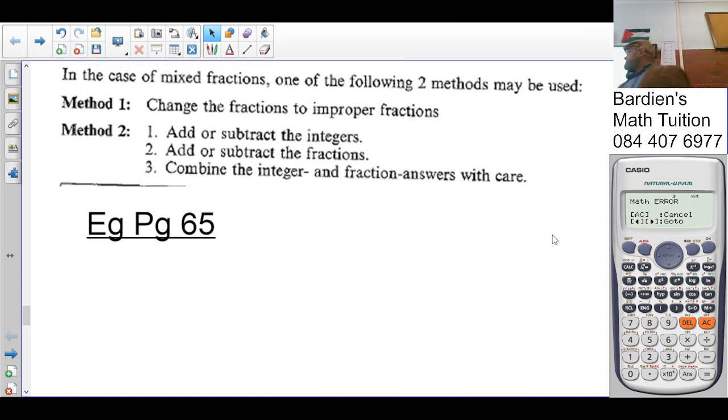We are told that in the case of mixed fractions, one of the following two methods may be used. Method 1, change the fractions to improper fractions. That is what we normally do. And then number 2, add or subtract the integers. Add or subtract the fractions. Combine the integers and fraction. Answer with K. Okay.